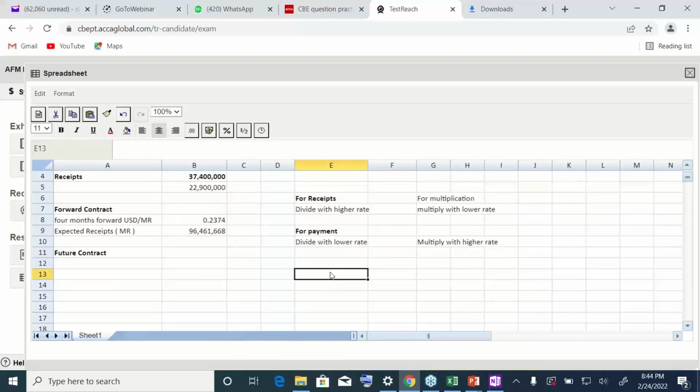Or if you want to remember a few points: import, payment, expense, loss. In all these cases, divide with lower.